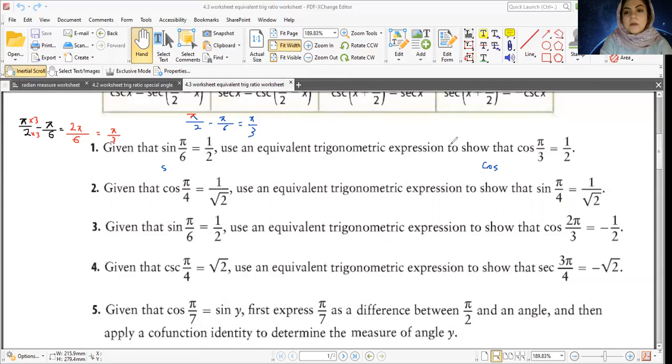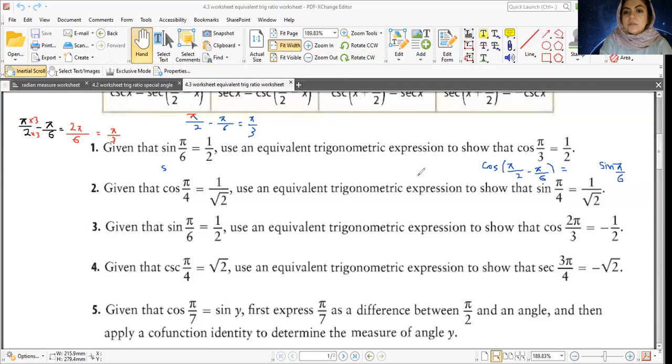Pi over 2 minus pi over 6, right? So since the transformation is by 90 degrees, the cosine turns to what? Sine. Sine of this angle, pi over 6.